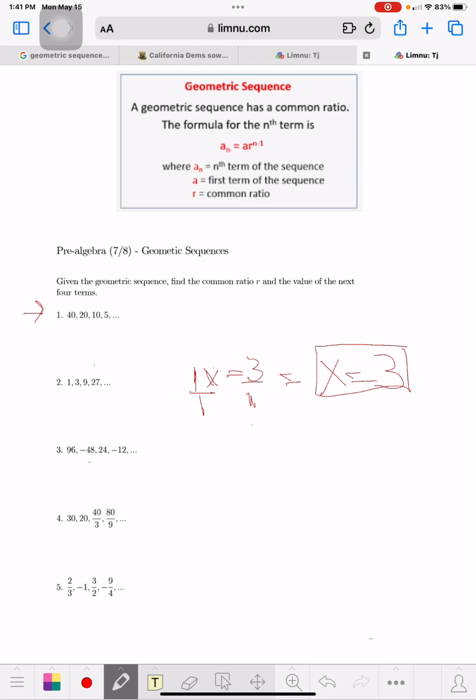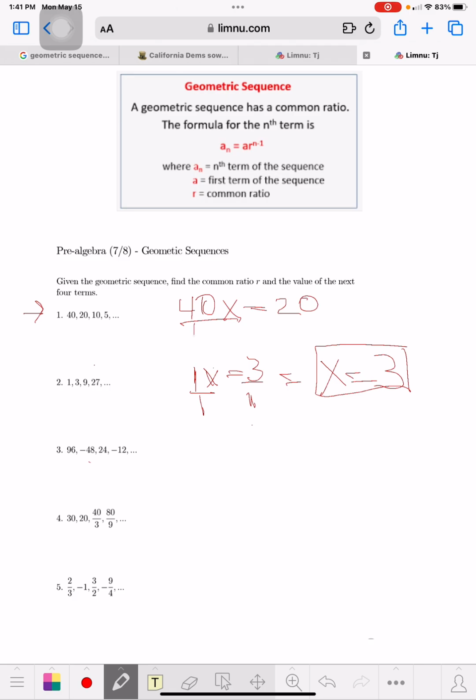Now we go to the top one. We got 40x equals 20. We want to solve for x. What did they multiply 40 by to get 20?